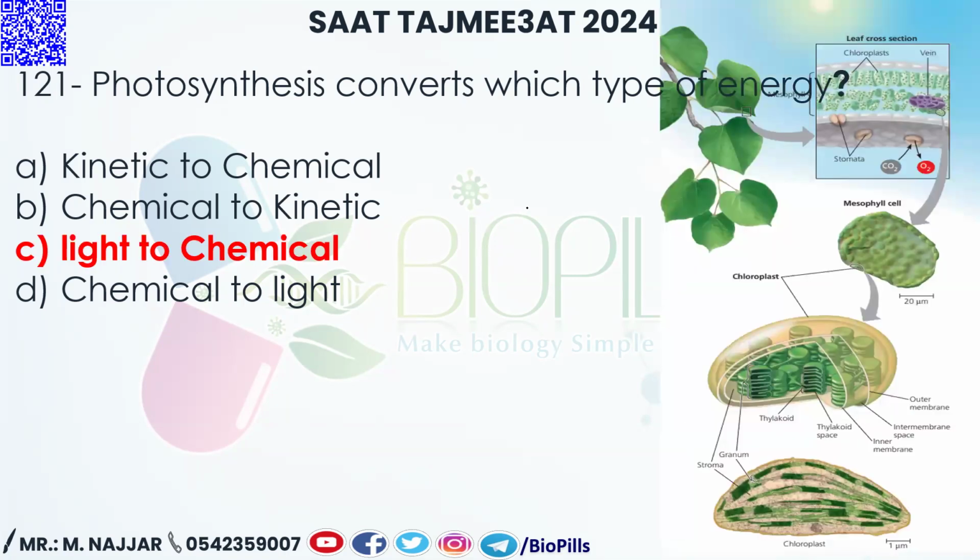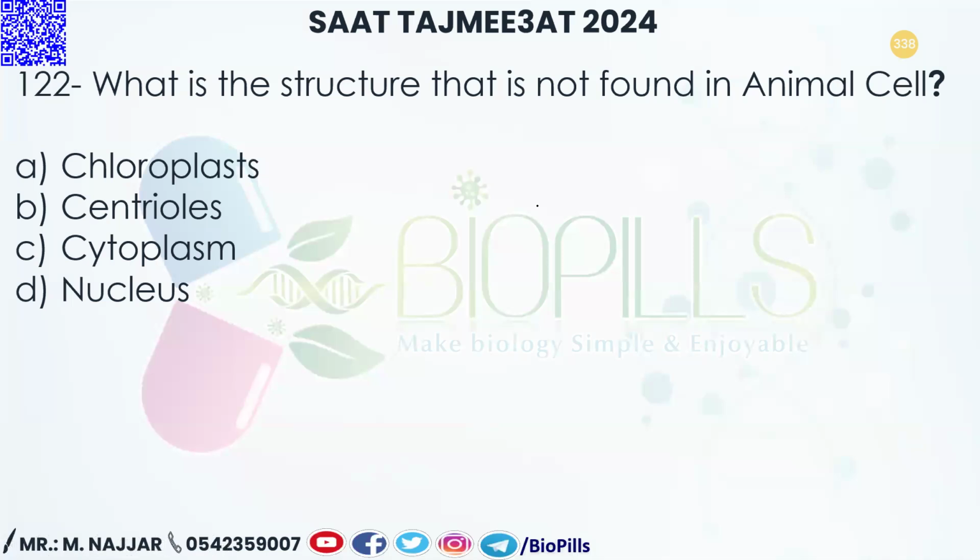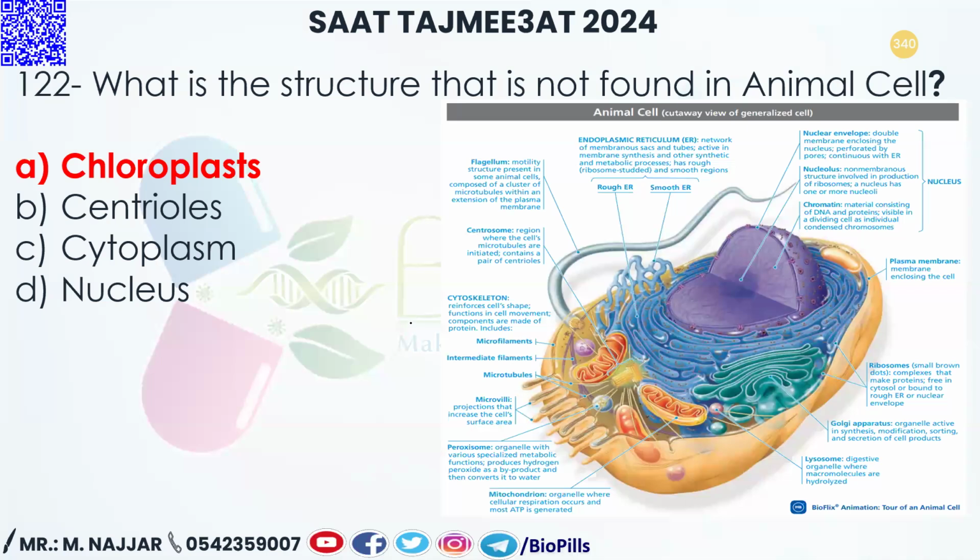Okay, it's very easy. What is the structure that is not found in an animal cell? Animal cells lack chloroplasts, as in the previous picture. Also, there is no cell wall in the animal cell.